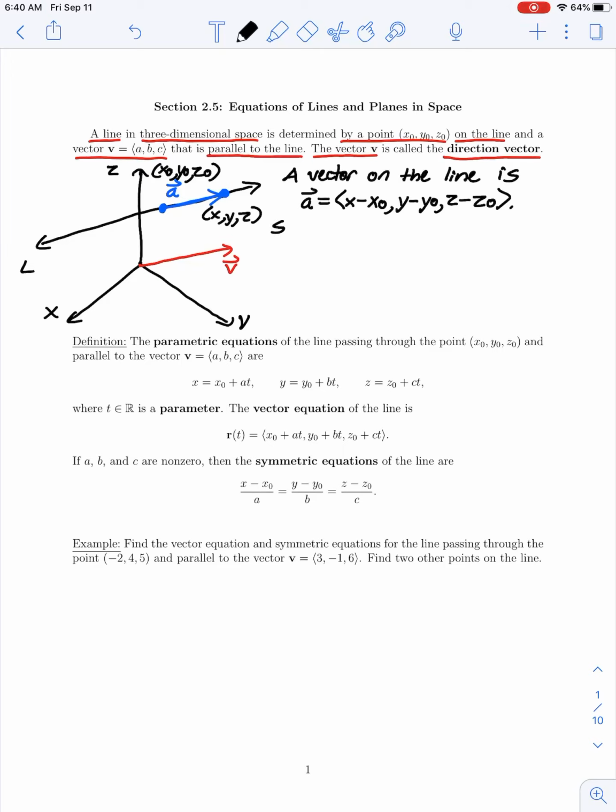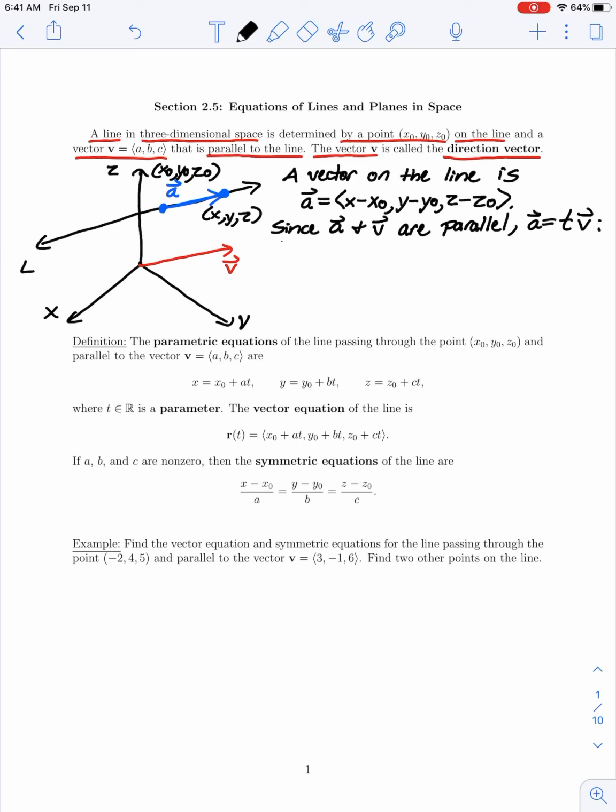So since A and v are parallel, that means that A is a scalar multiple of v. I'll write it as A is equal to some constant multiple of the vector v. I'll call that constant multiple t.